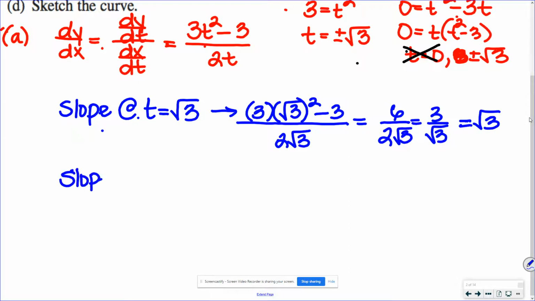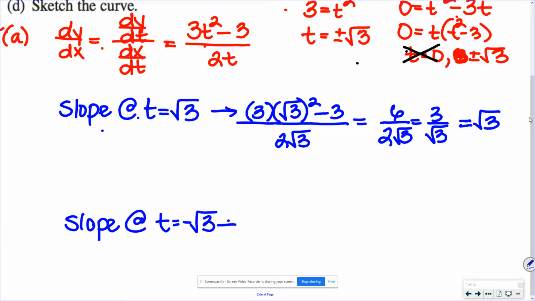All right, let's do the same thing again with the other time value that we identified. So we're going to find the slope at negative radical 3. Okay, again, same idea. We're just plugging that into the derivative equation, and that is going to give us the slope at that location.